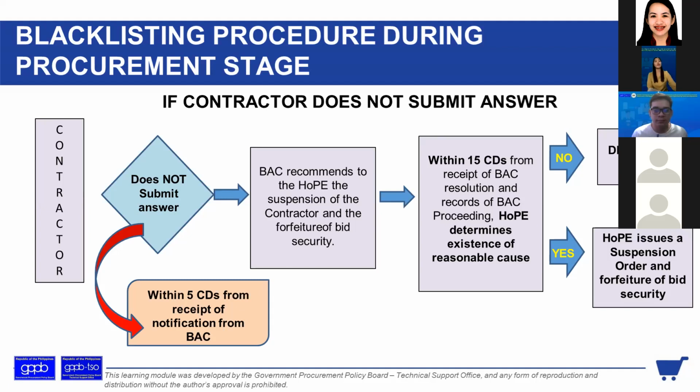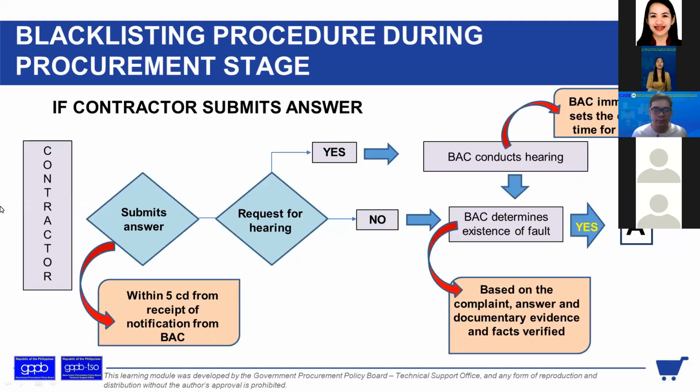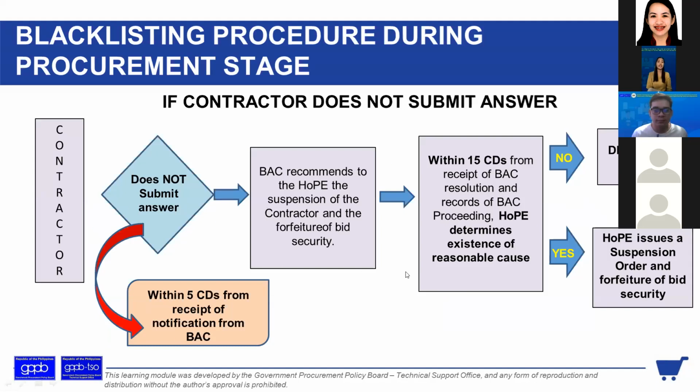So, what will happen when it arrives to the HOPE's desk? So, dalawa lang yan. Within 15 calendar days from receipt of the BAC resolution recommending the suspension and forfeiture, the HOPE shall determine the existence of reasonable cause. Pag may reasonable cause, HOPE issues suspension order and forfeiture of bid security. If without reasonable cause, then he shall dismiss the case.